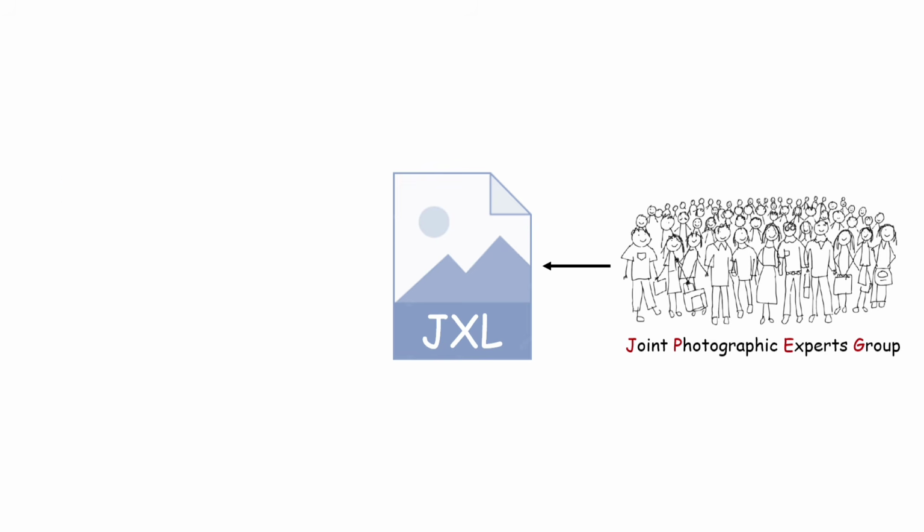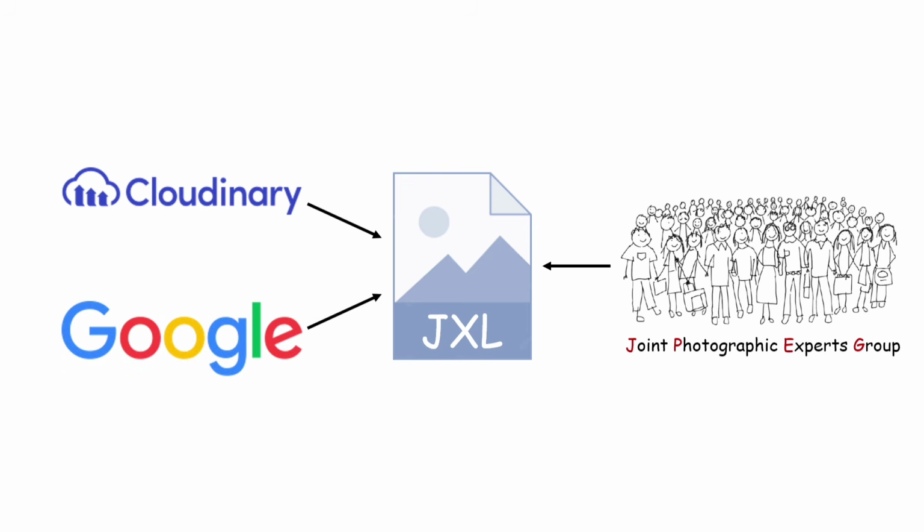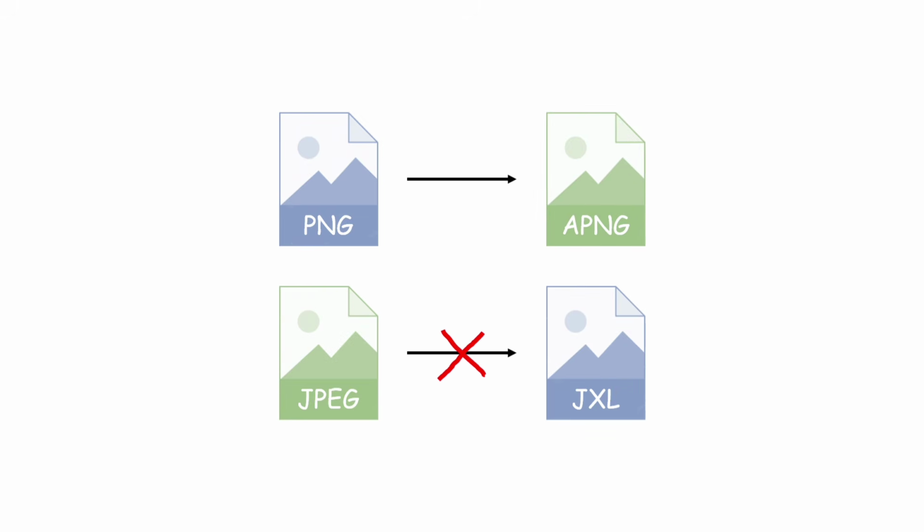JPEG XL or JXL is an advanced format created by the makers of JPEG, Cloudinary Company, and Google. Unlike APNG, which was developed based on the PNG structure, it was designed and developed completely from scratch, and that's why I said it has nothing to do with the JPEG format structurally.